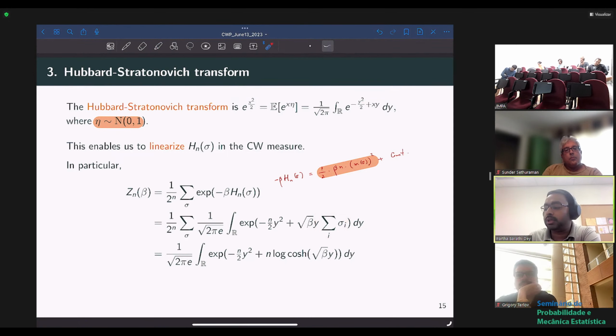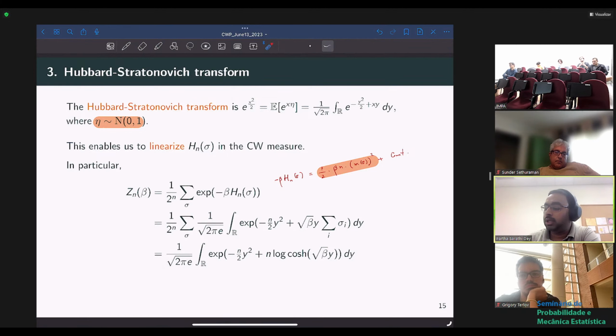It's linear in the summation of sigma i, and this is nothing but expectation with respect to sigma i, 1 over 2 to the power n sum over all possible sigma. So I can take this inside, and then e to the power this quantity is explicitly computable, using the fact that the expectation of e to the power sigma times any constant x is cosh x.